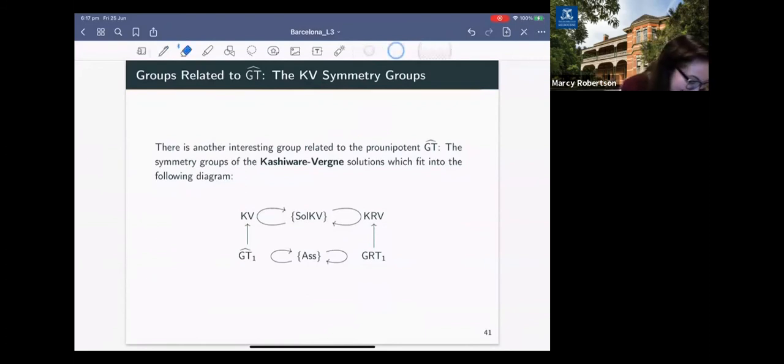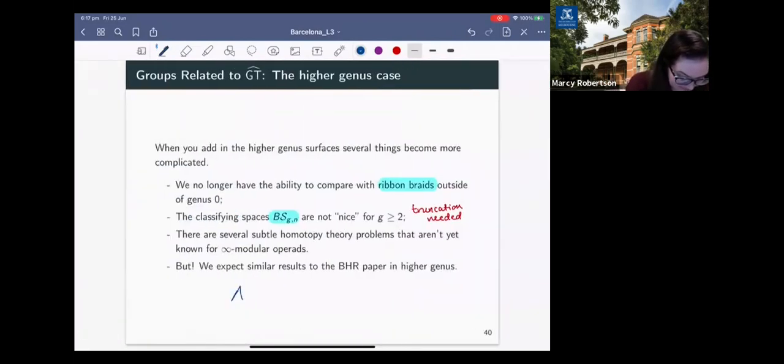Can I interrupt? So the conjecture you expect is that you get an isomorphism with this lambda in higher genus. You see, you had that GT hat was isomorphic to your S in genus 0. And now in higher genus, you expect that the lambda of Schneps et al. is, well, exactly, that's the conjecture you expect.